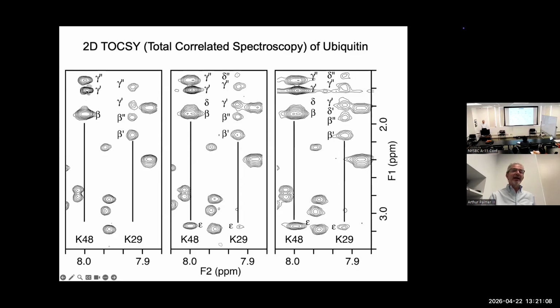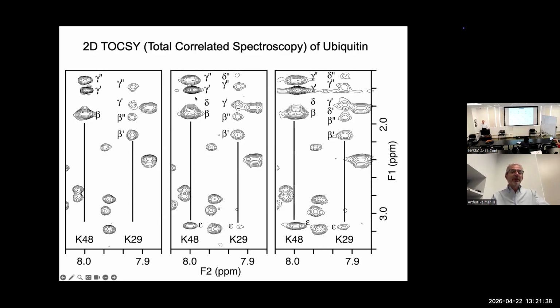And then out to the gammas. But then as we increase the mixing time, you start to see the beginning of some transfer to the deltas. And at the very longest mixing time, you start to see the deltas. You've made it to the end of the chain, but you can also see the signal intensity getting lower and lower.